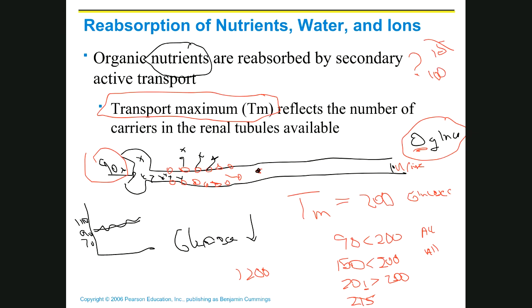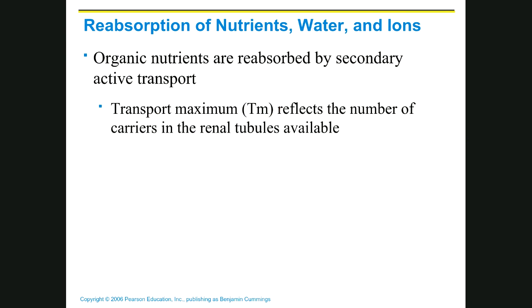So look, when you're a diabetic, the problem is not at your kidney. The problem is your blood glucose levels are higher than your transport maximum. So if you do have diabetes mellitus and you're not controlling it very well, your blood glucose probably won't be 90.